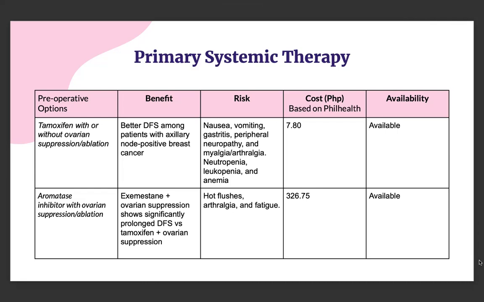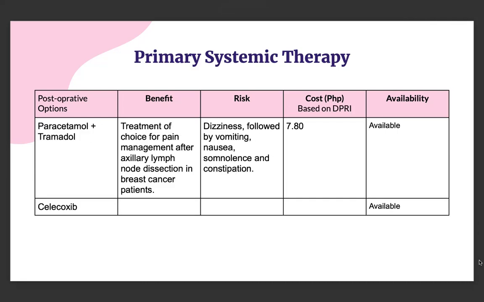And then the other option would be to use an aromatase inhibitor with optional ovarian suppression or ablation. The use of aromatase inhibitor with or without ovarian suppression showed a significant prolonged DFS when compared to the other treatment option, which is tamoxifen with ovarian suppression.